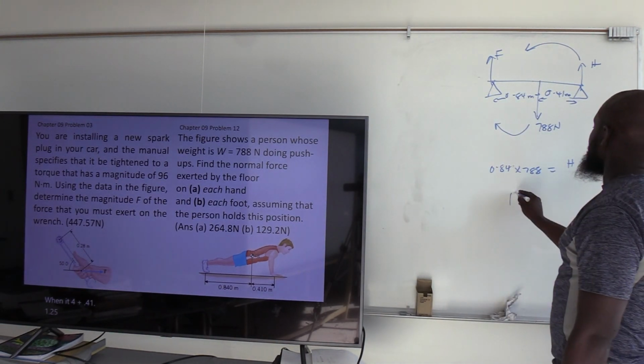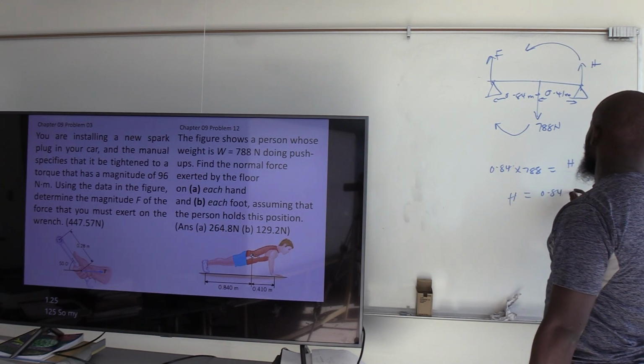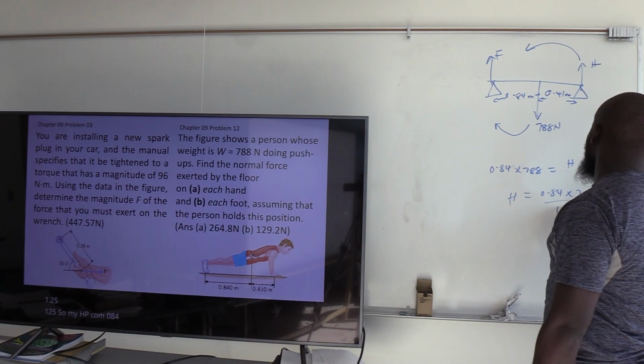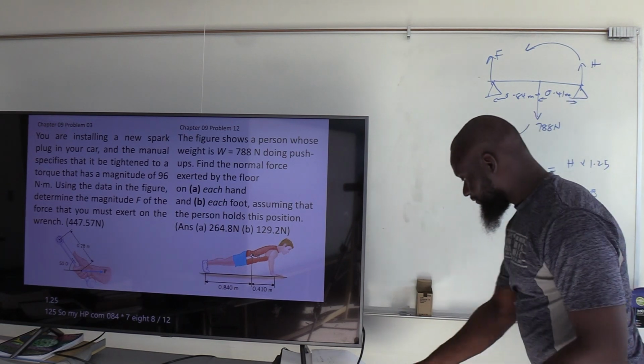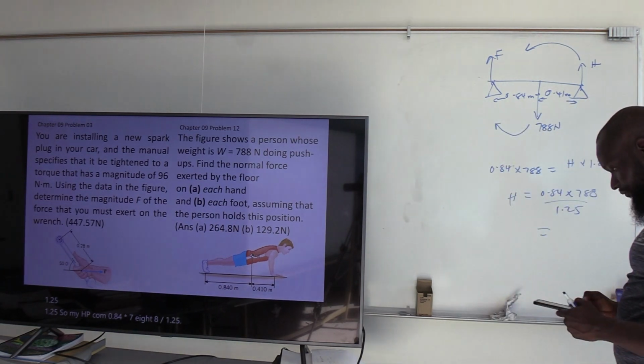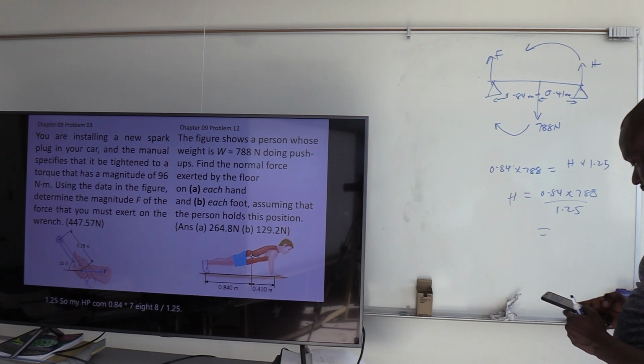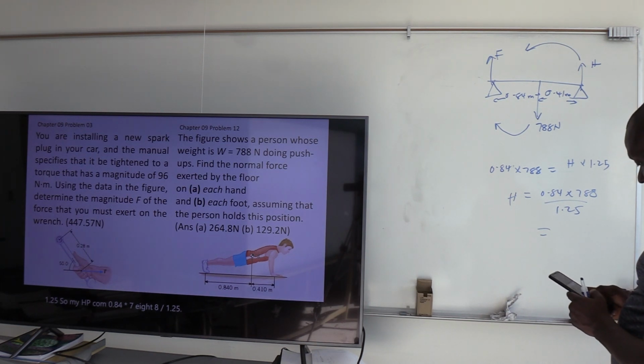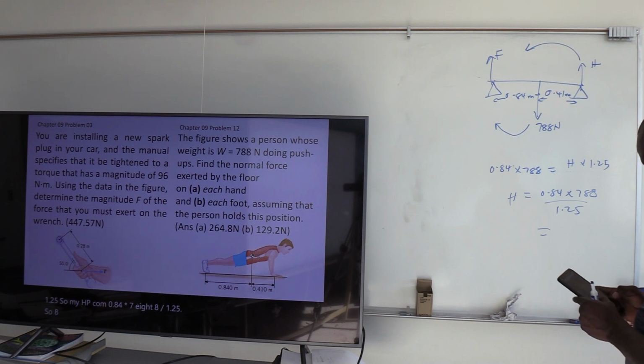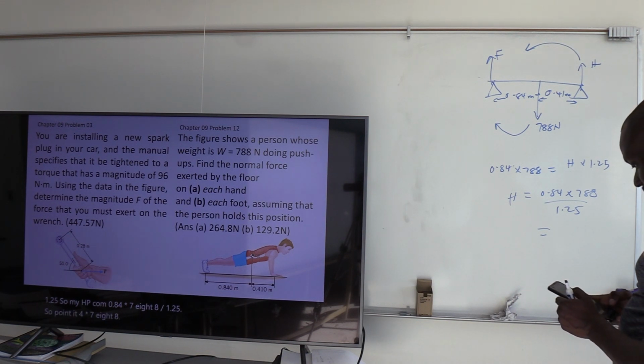So my h becomes 0.84 times 788 divided by 1.25.